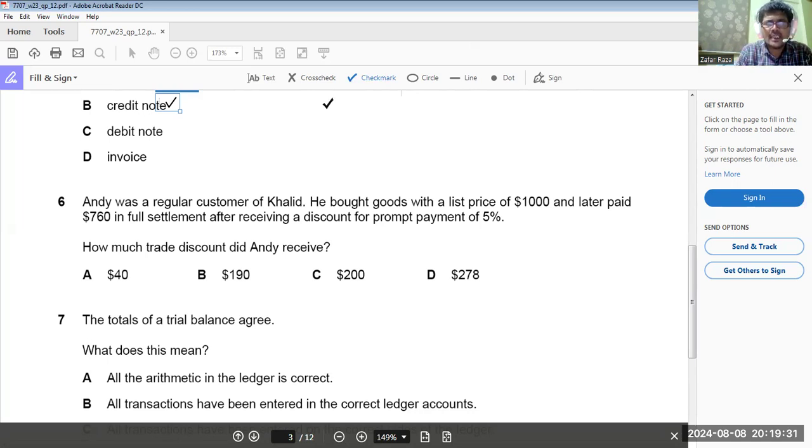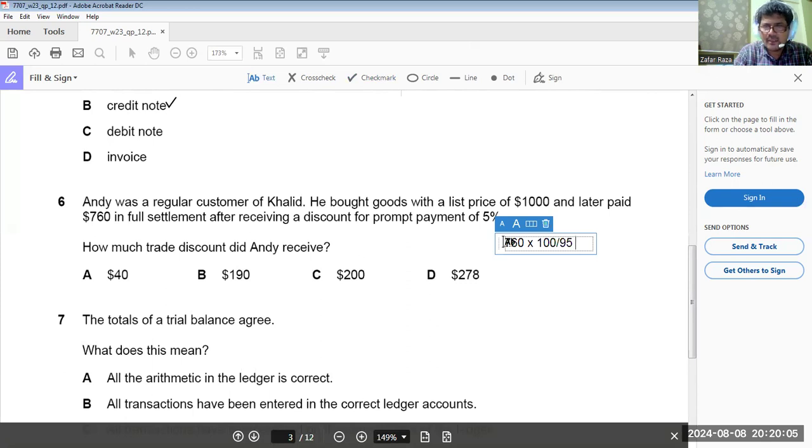So how to calculate the invoice price? See, 760 multiplied by 100 divided by 95, because he is availing 5% discount on the invoice price to get a net cash price of $760. The answer is 800.